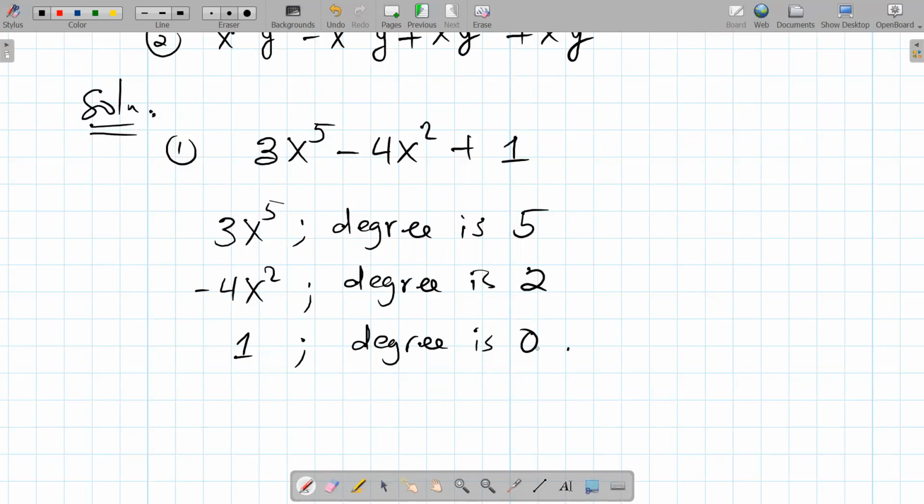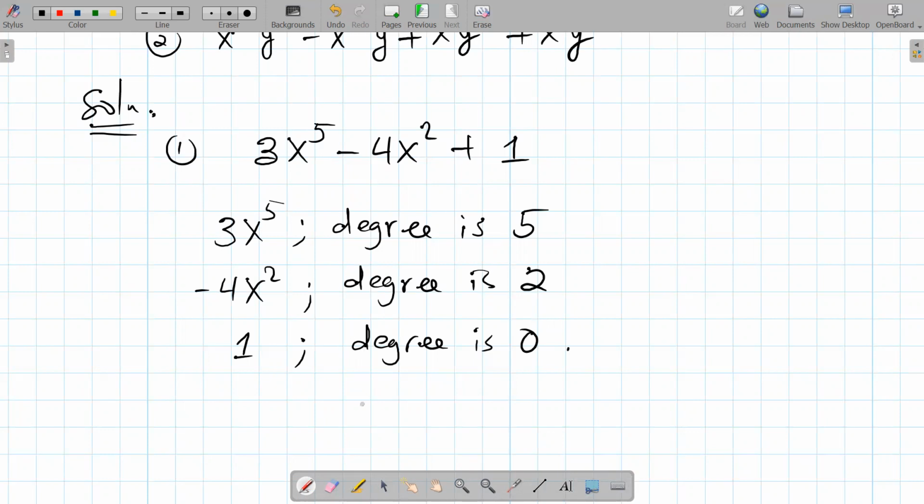But if it has a variable, then you're looking at whether you have only one variable or multiple variables in the term. If you have only one variable, then the power of that variable becomes the degree. If the term has multiple variables, then you pick the power of every variable there and sum them up.